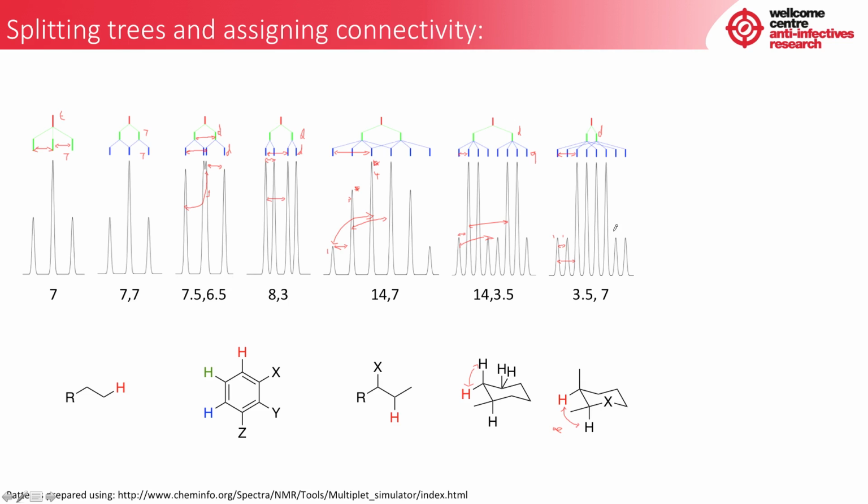And so we have the same 3 examples of the same signal here, and we can distinguish what they are and their connectivity from the shapes and the J values.